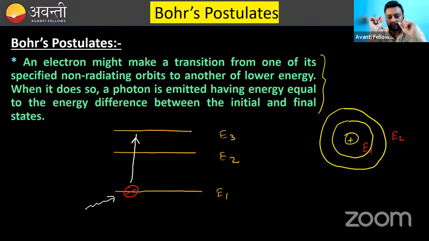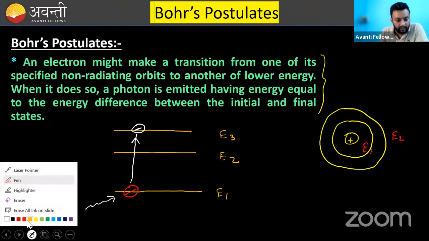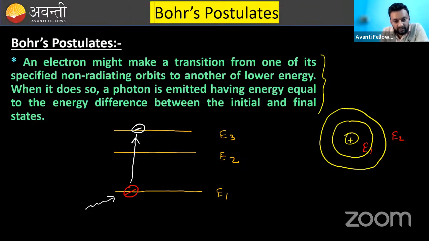Let's suppose it has reached orbit 3 after receiving the energy. Clear now? Now the thing is, in this orbit, it stays for a very, very short time. And after that, it returns back.